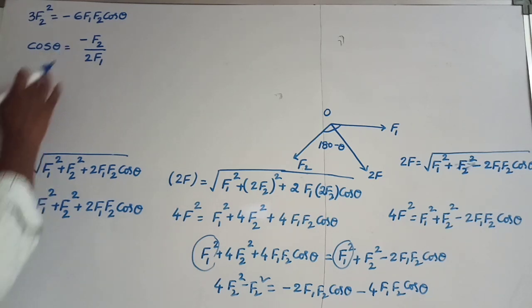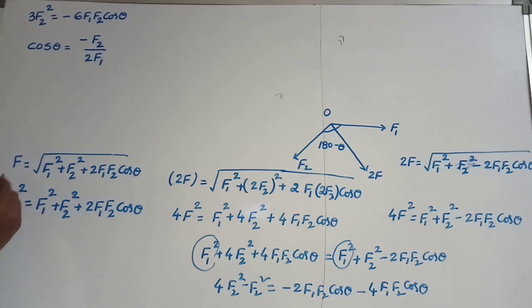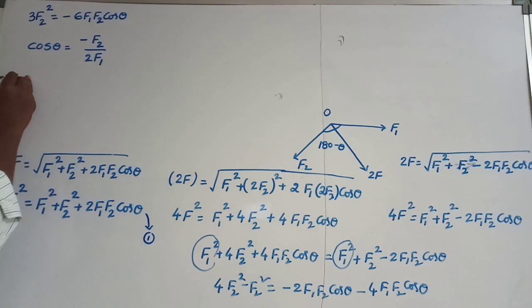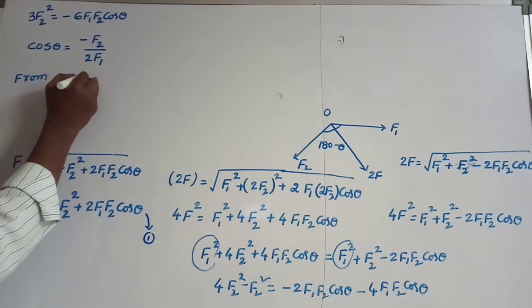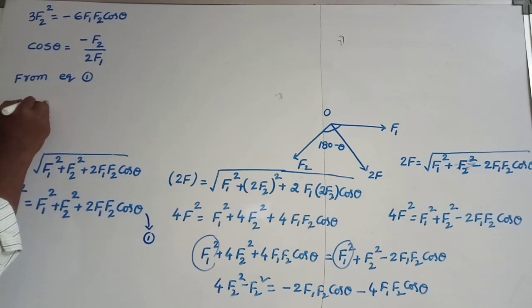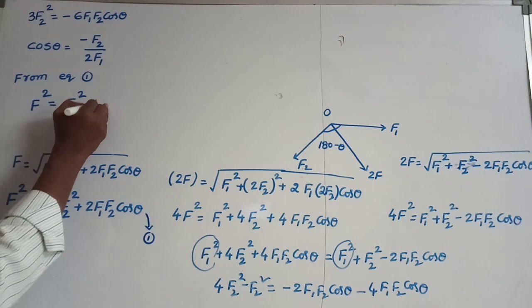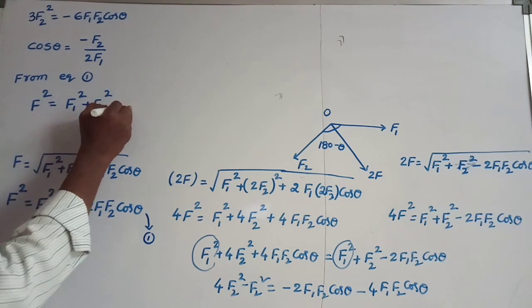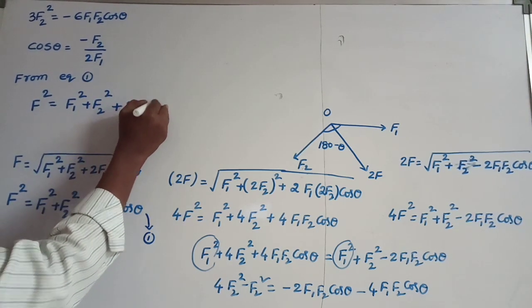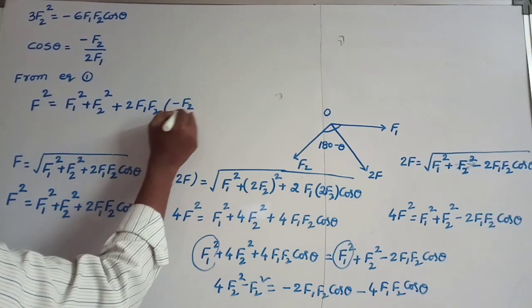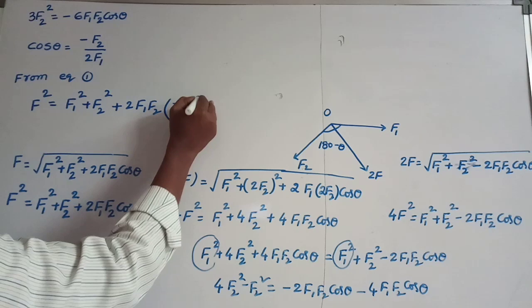This cos theta value substitute in this equation. Say this is equation number 1. So from equation 1, F square is equal to F1 square plus F2 square plus 2F1 F2 into cos theta, which is minus F2 by 2F1.